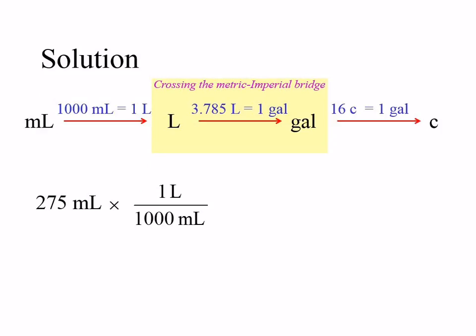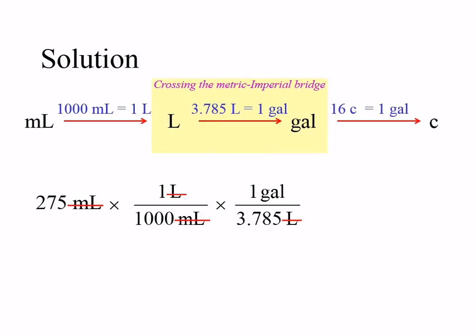Very good. And then how do I go from liters to gallons using this one? 3.785 liters on the bottom, 1 gallon on the top.